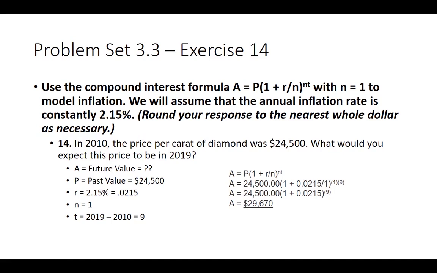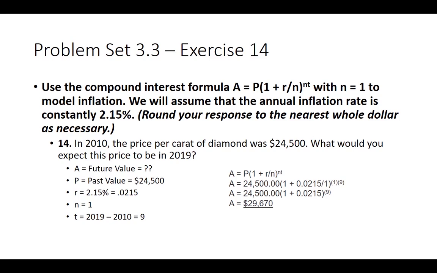Number 14 is an inflation problem. In 2010, the price per carat of diamond was $24,500. What would you expect this price to be in 2019? So we're looking for the future value. We have the past value.